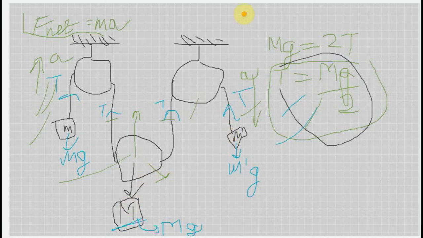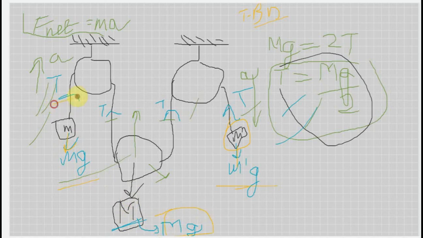At first we have to draw the FBD, that is the free body diagram. How to draw a free body diagram? Here it is m prime, so in the downward direction m prime g, and here also mg in the downward direction, and here capital Mg in the downward direction.